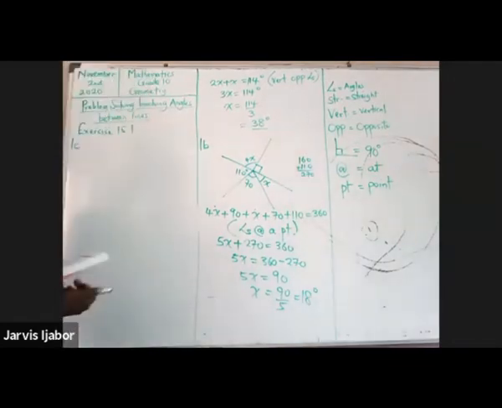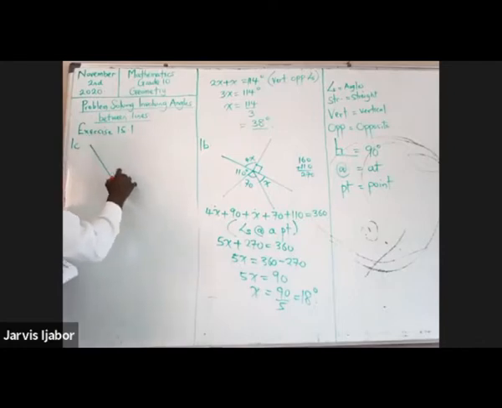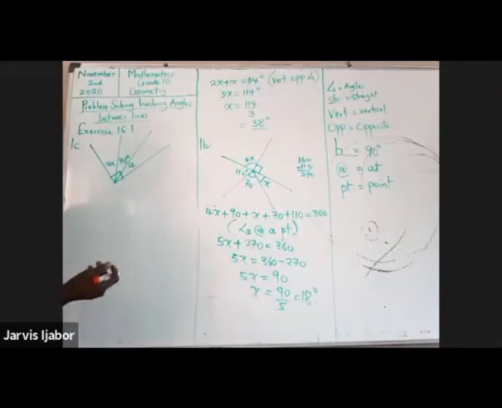So let's look at question C. Now look at question C. A 42 degrees and A. Now, we are told to find the size or the sizes of the unknown angles.